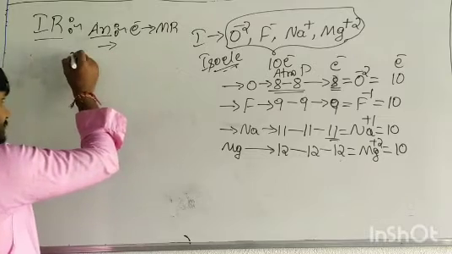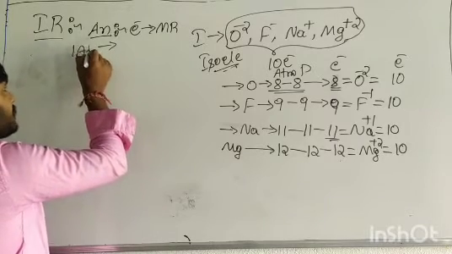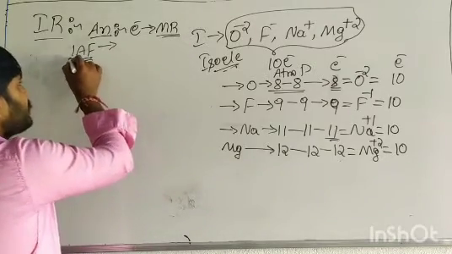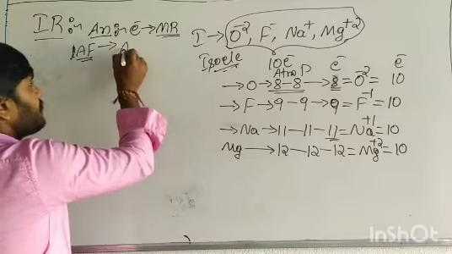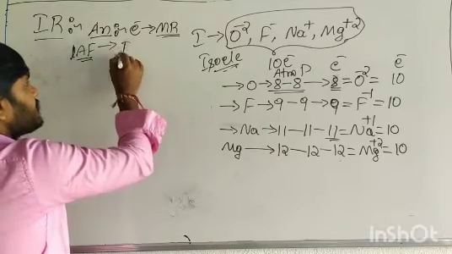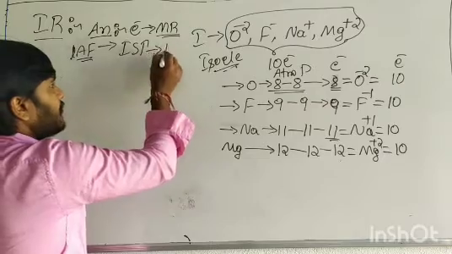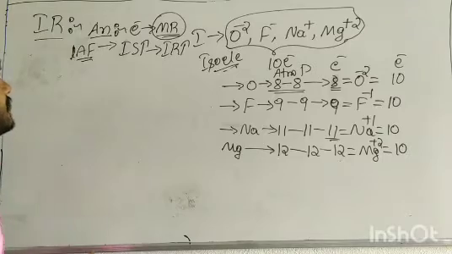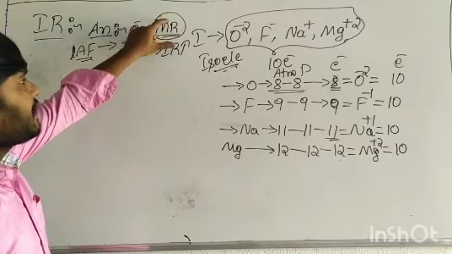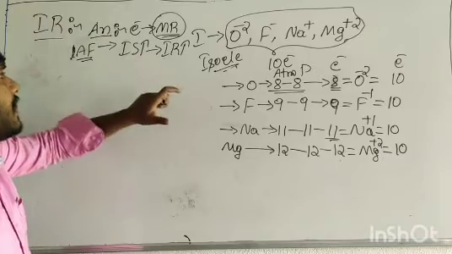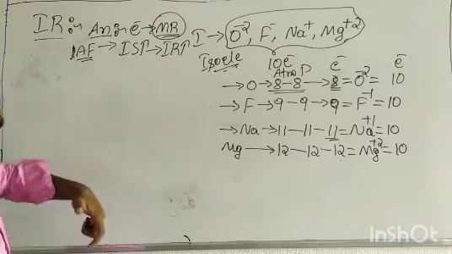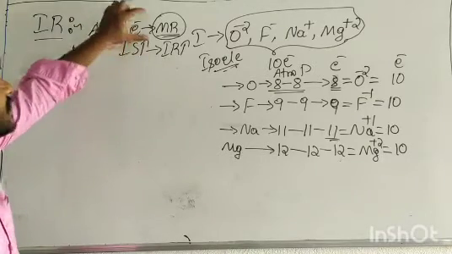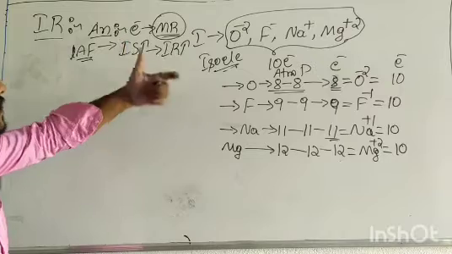More repulsion means less attractive force, so ionic size will increase, and the ionic radius will increase. If the number of added electrons is more, then there will be more repulsion.